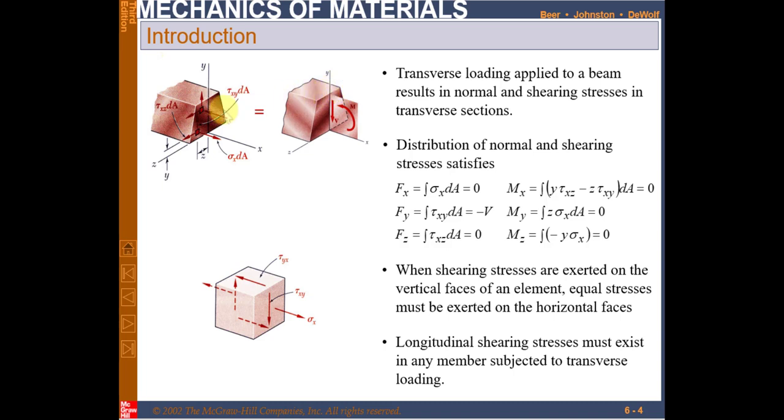If we take a section of the beam, then definitely for transverse loading there will be a shear force acting at this point, represented as V, and there will be a bending moment M. This X is the direction of the beam length. Y is in height and Z is in this direction.